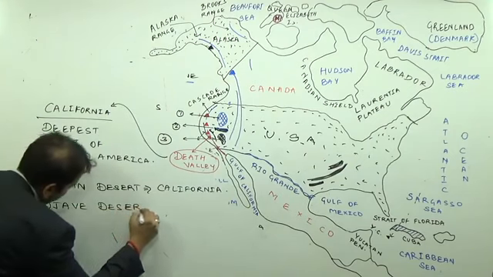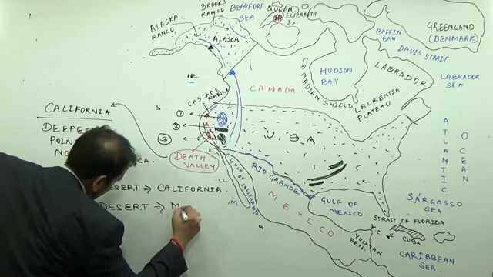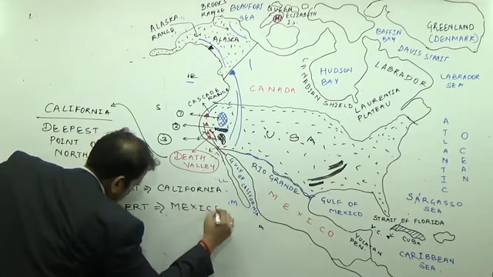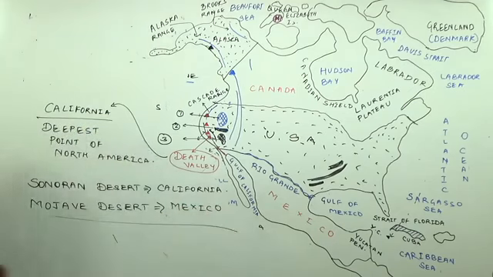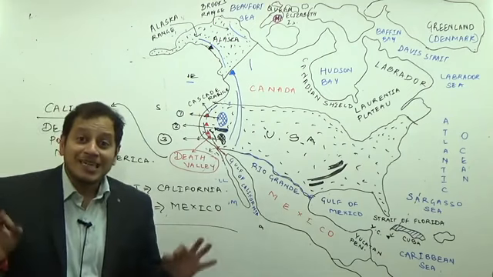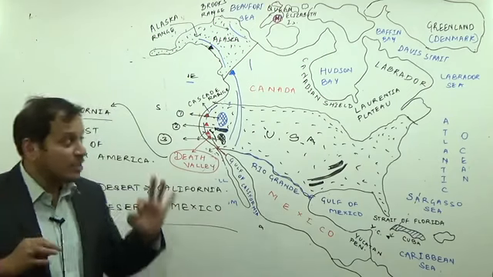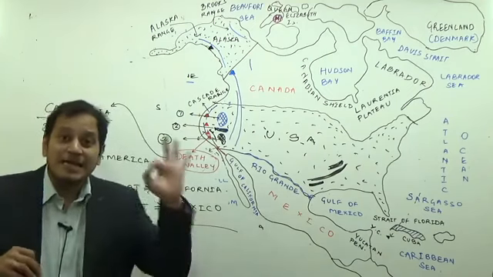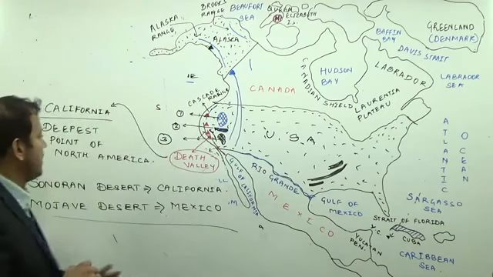So, Sonoran Desert, California. California enjoys a Mediterranean type of climate as well as the desert type of climate.